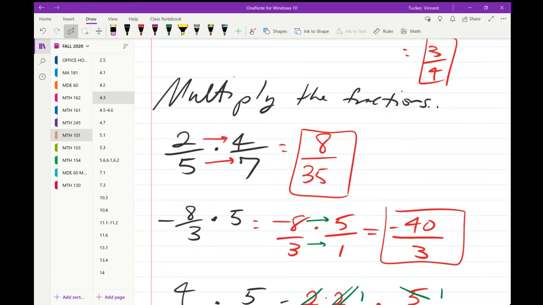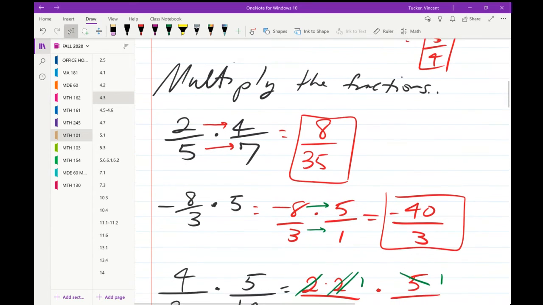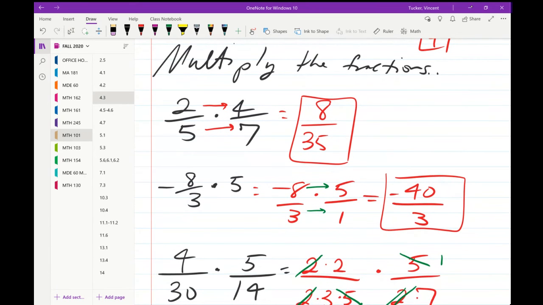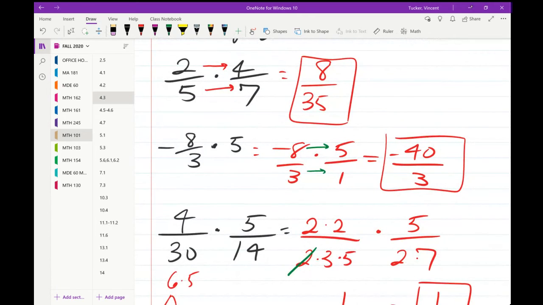All right, any problems? All right, so the next one, we have 4 over 30 times 5 over 14.